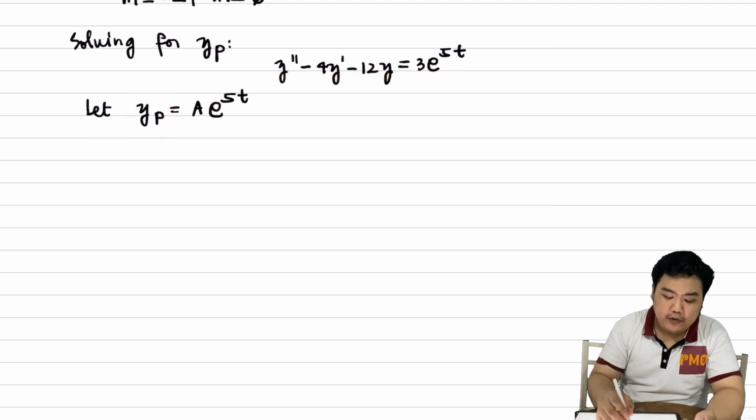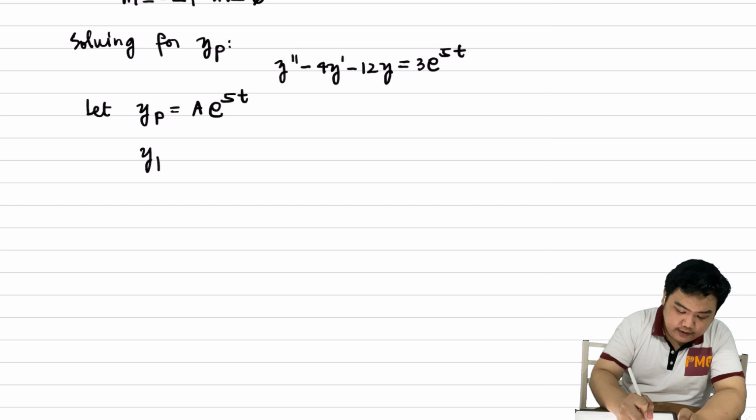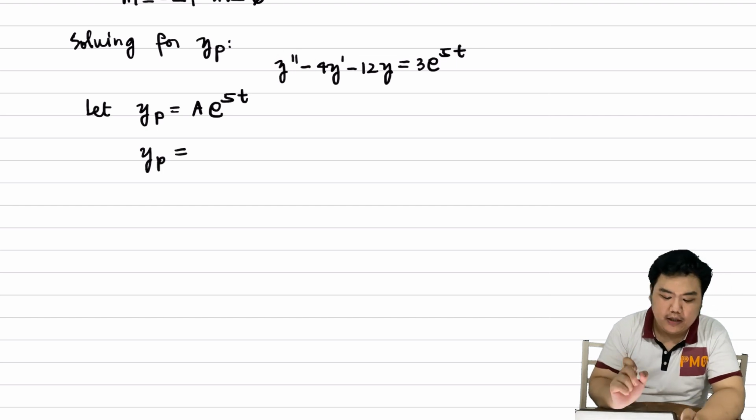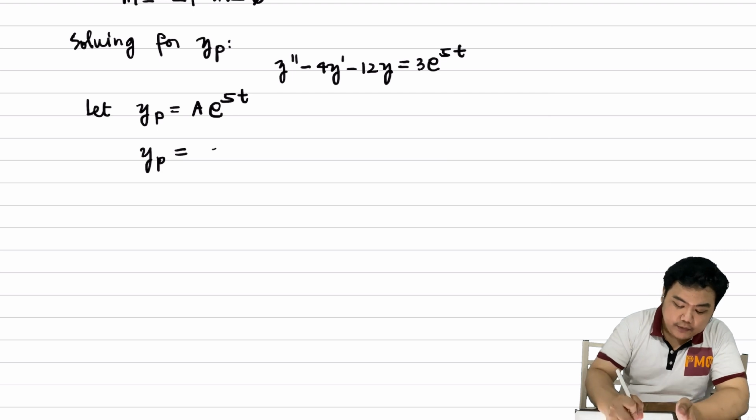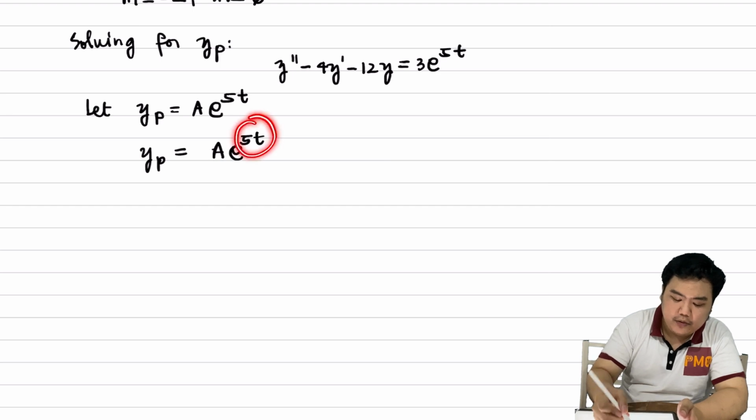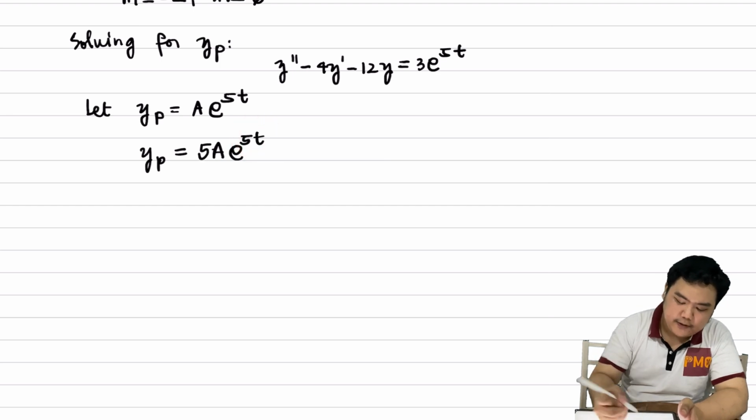So, we need to compute for y prime and y double prime. So, let us get the derivative. So, dapat by now marunong na kayo mag-derivative kasi differential equations na yung lesson. So, ang derivative ng e raised to 5t is e raised to 5t times the derivative of exponent, which is 5.